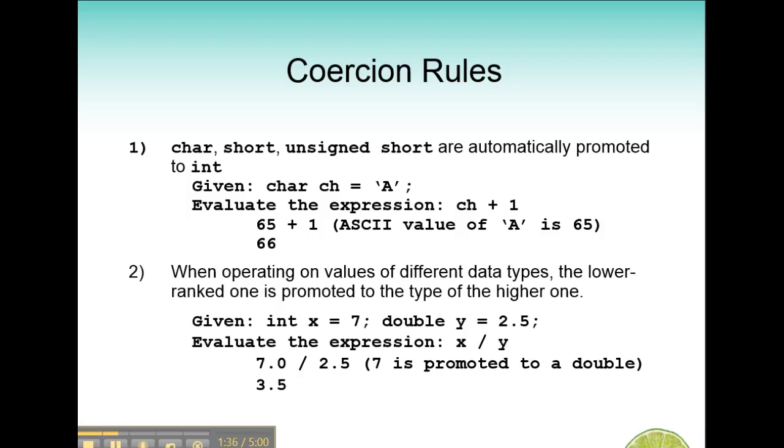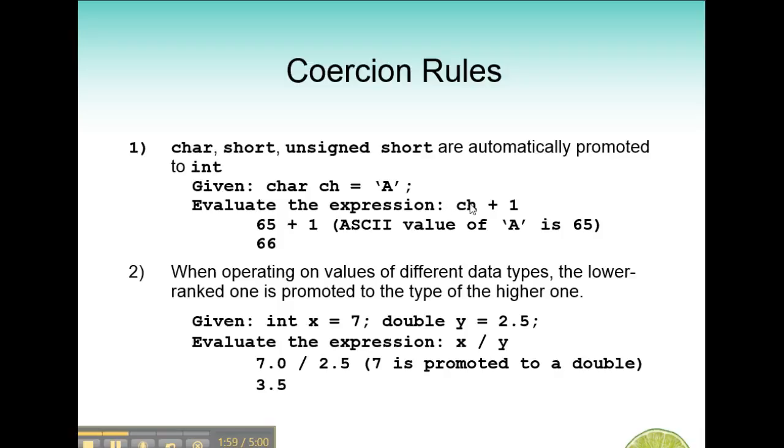So here's a few rules. If you have characters or shorts or unsigned and they're in expressions with other data types, they'll be promoted up to integers. Now in this example, you can see there's a character variable here, A. And so if you had an expression like this, you have a character plus an integer. So it'll promote this up to an integer.